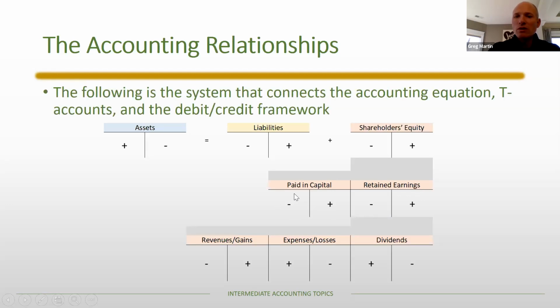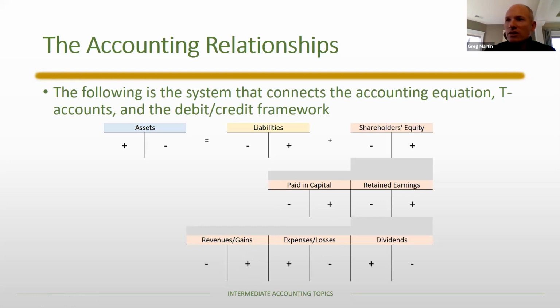Where it gets a little bit different is down here. Revenues, still good: increase with credits, decrease with debits. Again, debits on the left, credits on the right. Look at expenses, losses, and dividends. What's different about them? Where do debits or credits increase expenses? Good.